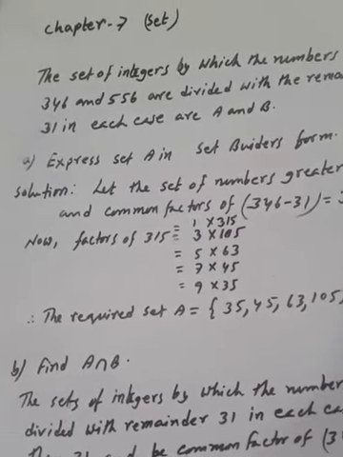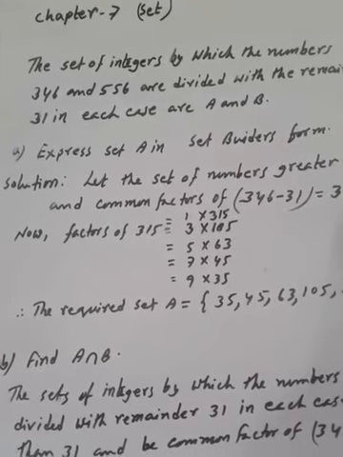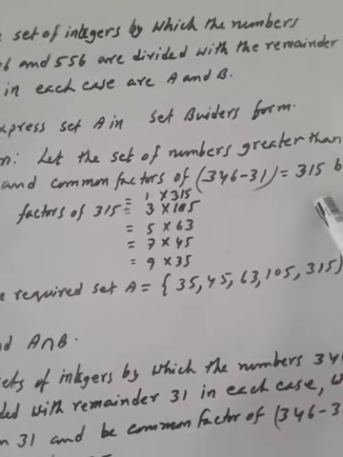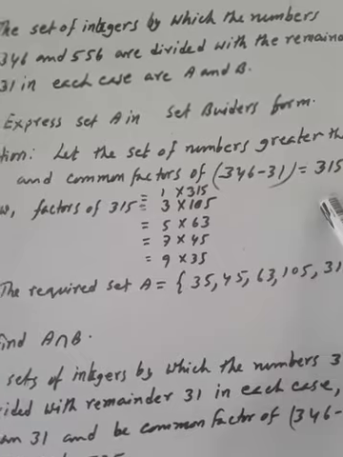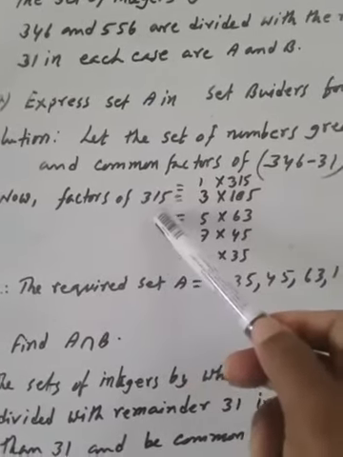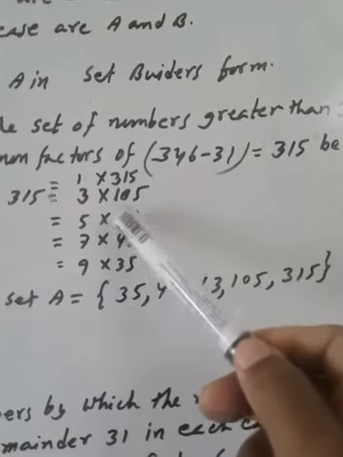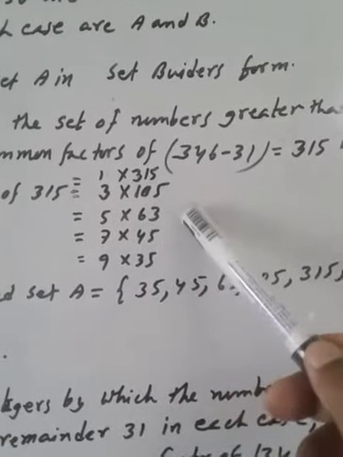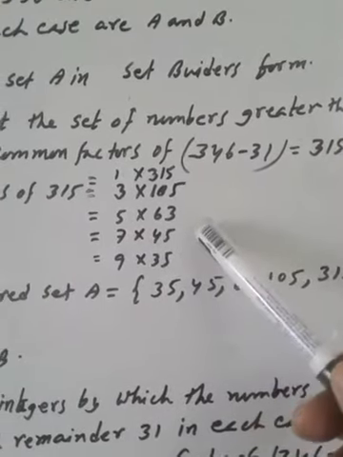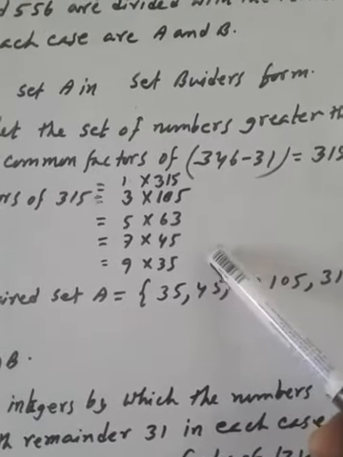Now we have to find the factors of 315. Factors of 315: 1 multiply 315, 3 multiply 105, 5 multiply 63, 7 multiply 45, 9 multiply 35.